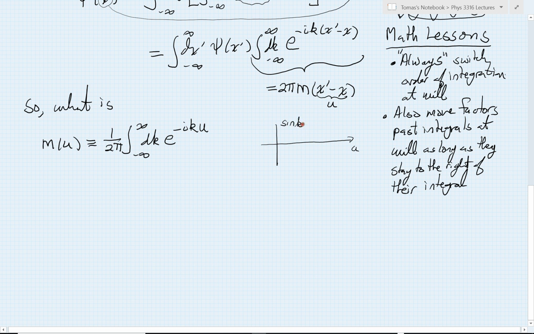The same thing happens with the cosine part. If I plotted sine of ku, it would look something like this, a nice sine function. And now we have to imagine integrating this out to u goes to infinity. Now, when I do that integral, I find a little bit of a problem. When I integrate over this first hump, I get some answer. That's the value of my hump if I integrate up to that point. If I go a little bit further, you'll notice I'll get the minus of the first hump. My integral is going to be 0.